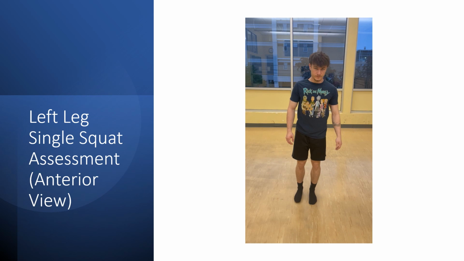So when looking at the anterior view, we do notice that the ankle does not actually turn out as much as we saw in the right foot. In fact, it's much more straightforward in comparison. So then when we go into the knees, we notice that the left knee shoots inward when compared to the right knee, so that's going to be knee valgus, not knee varus.